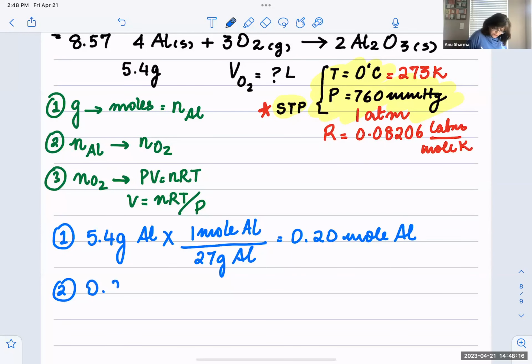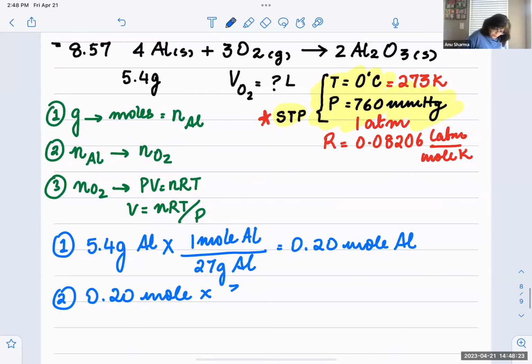Next, 0.20 moles of aluminum times, from here you have 3 moles of oxygen reacting with 4 moles of aluminum.